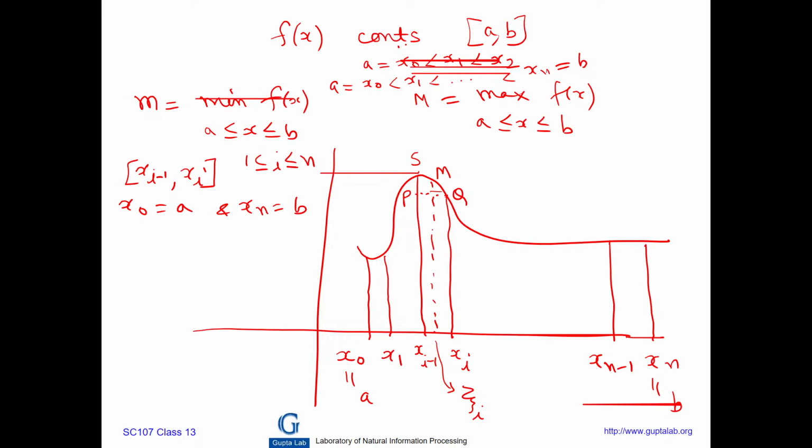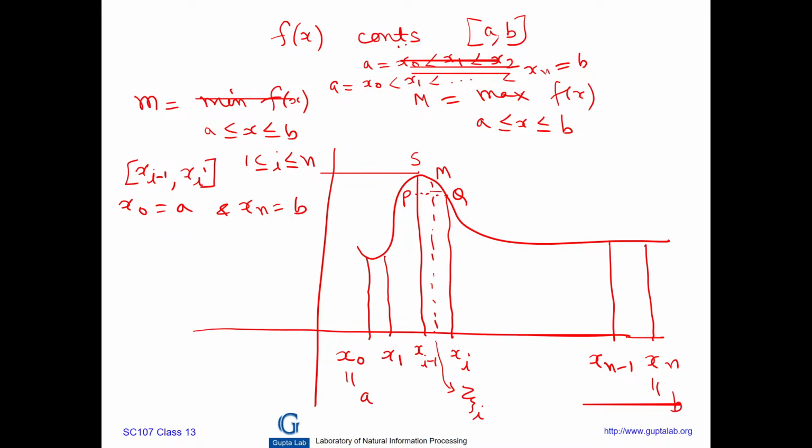There are many animations also available, but I will show you that later on. So your xi is a point in xi minus 1 and xi. Now, in fact, each subinterval will have a minimum or maximum of the function.